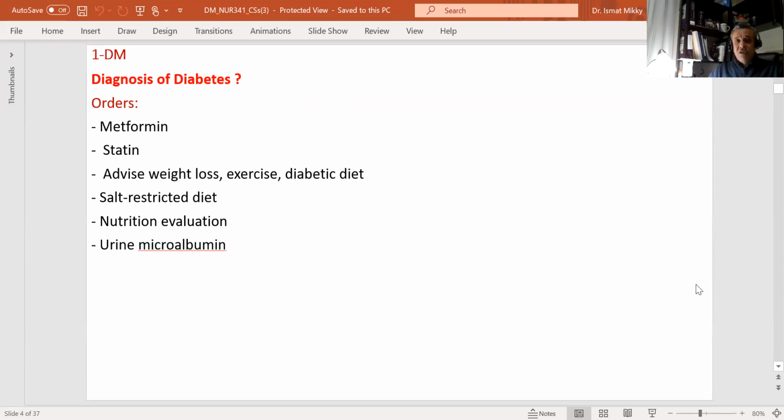It's called HHNKS, which is hyperglycemic hyperosmolar nonketotic syndrome. So they become severely dehydrated, even more than patients who develop DKA. You'll have polyphagia, polydipsia, polyuria, fatigue, weight loss.